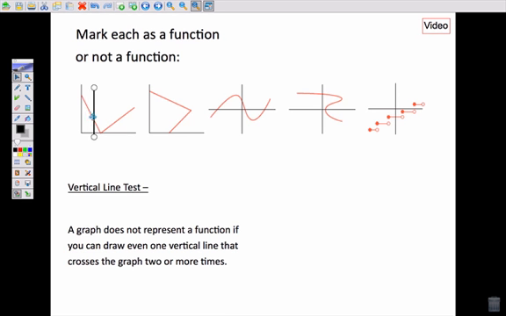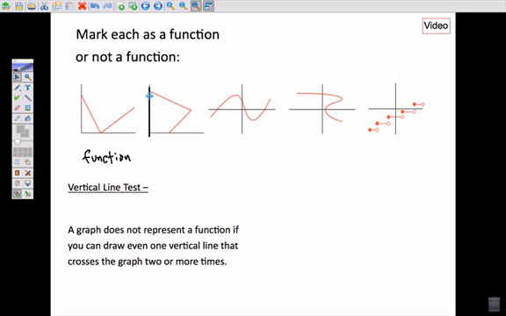If your vertical line intersects at only one point of the graph, it is a function. No matter where I move this vertical line, it only intersects once with the graph of the red line here. Because it only intersects once at each point, this is a function.